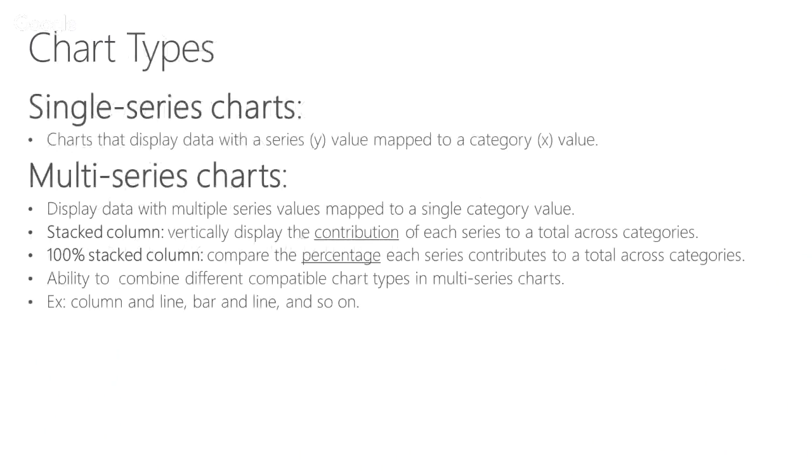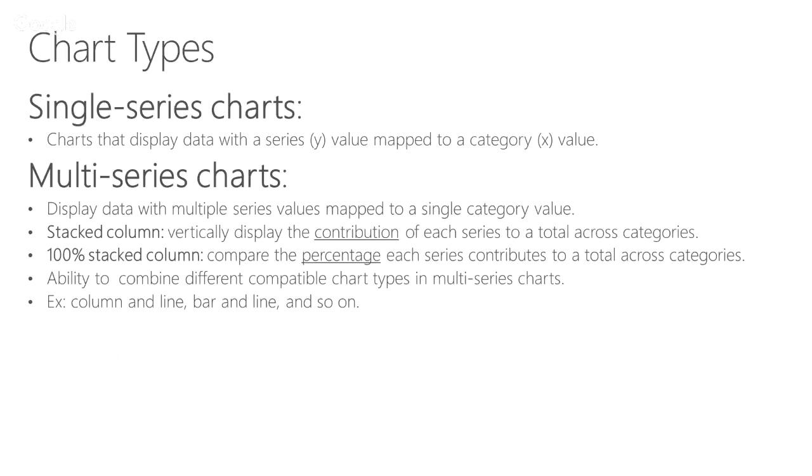Okay, so I broke it down by 2 different chart types. As far as the visualization is concerned, there are actually more chart types, but just a way to conceptualize it is you can have a single series chart. This is basically just one value for the x-axis, one value for the y-axis. Or you can have multi-series charts, and there are a couple subcategories within this.